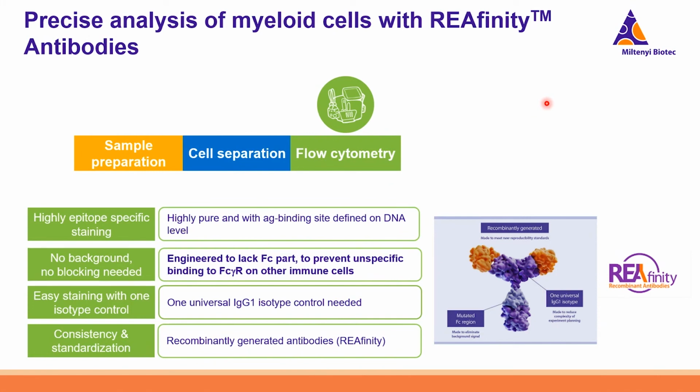These are recombinantly engineered antibodies with guaranteed lot-to-lot consistency. They are highly pure. They consist of only one universal isotype control. And most importantly, these antibodies are engineered to lack the Fc part, which leads to the prevention of unspecific binding.